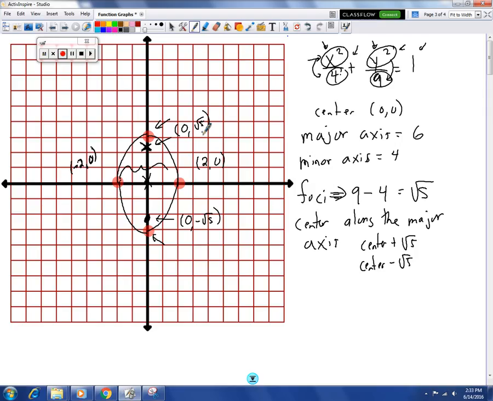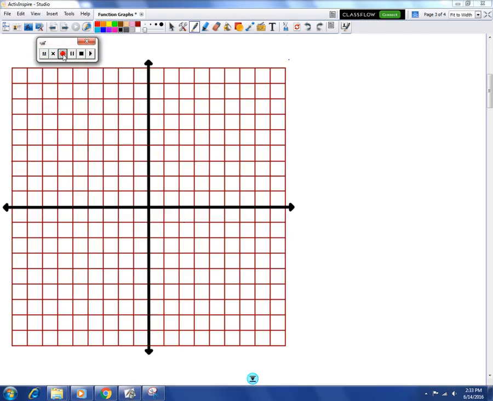Alright, let's try another example. In this ellipse, I'm going to have it so that the center is not the origin. To do that, all I do is pick an X, and I just pick a number. Let's say we pick 3, squared on the outside. It's always a plus for an ellipse.